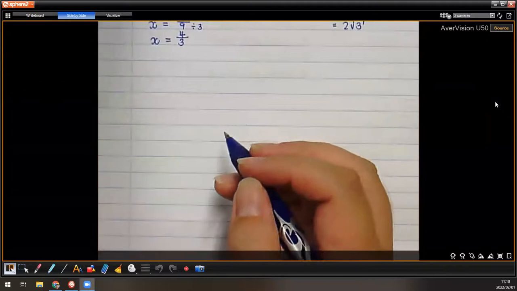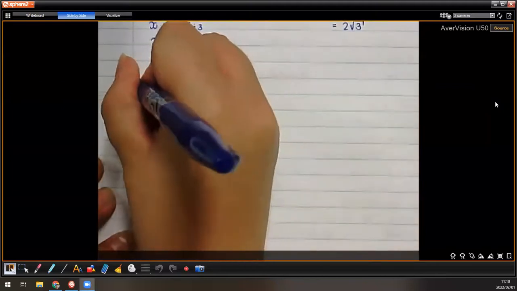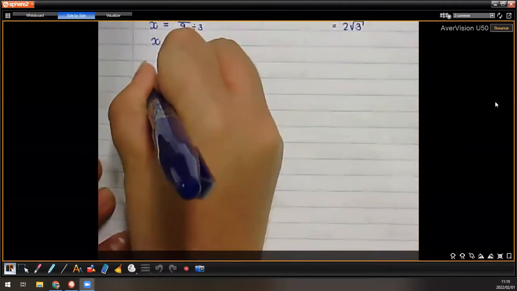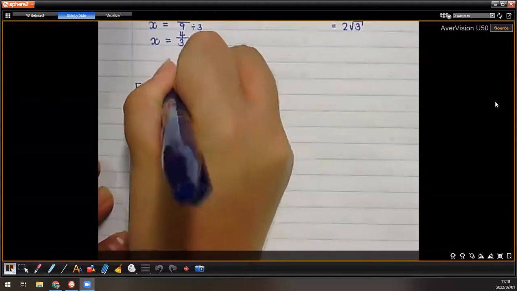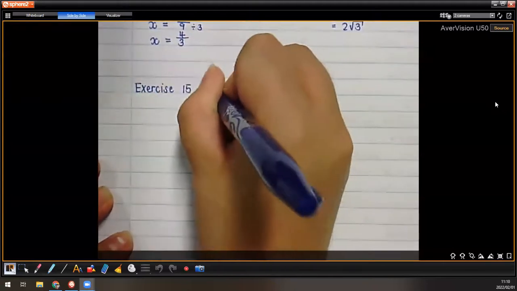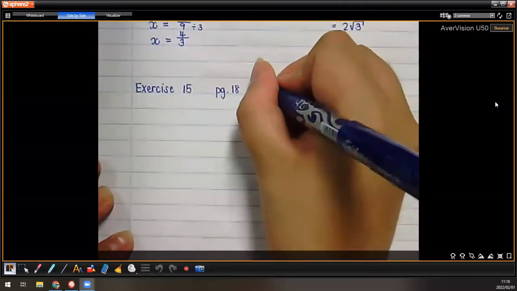Your classwork, which will turn into homework if you don't finish now, is exercise 15 on page 18 of the textbook.